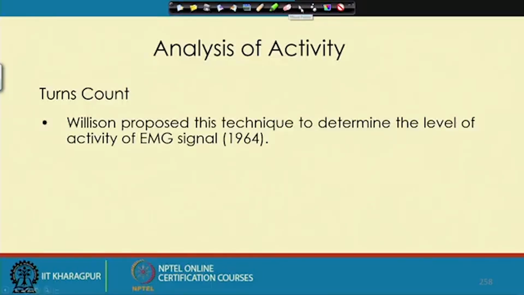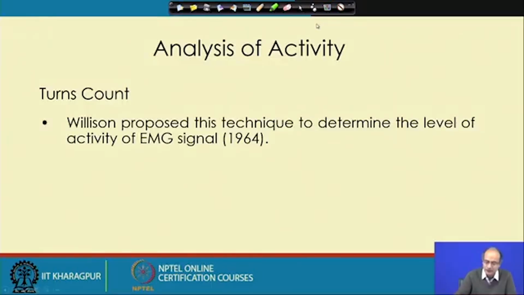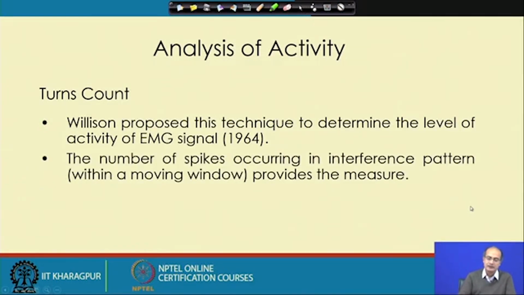In case of turns count, we are looking at the local extremum, and from there we want to find out how many times they are changing their gradient. So, thereby we want to find out the number of turns. Okay. So, that is the difference.